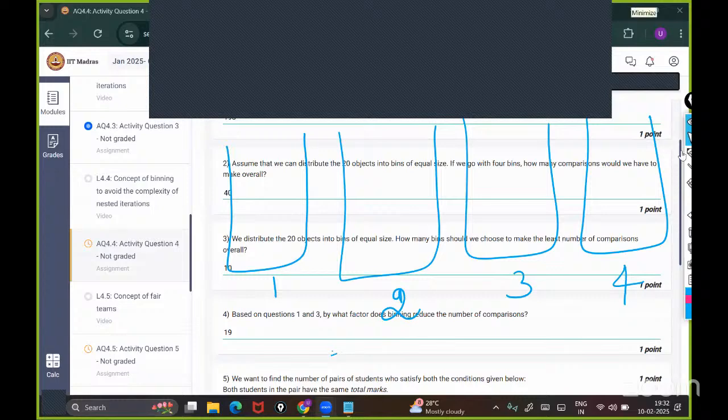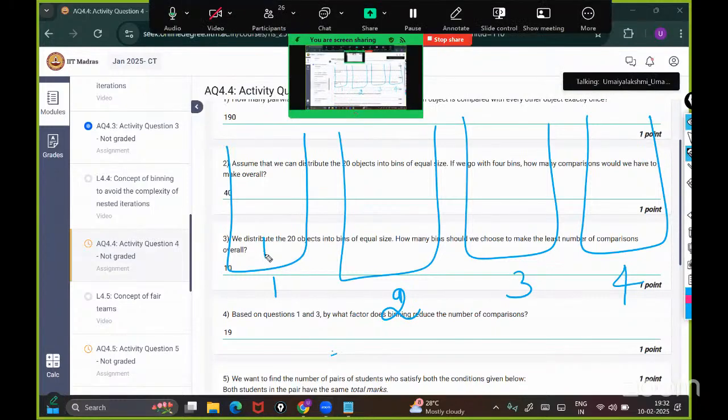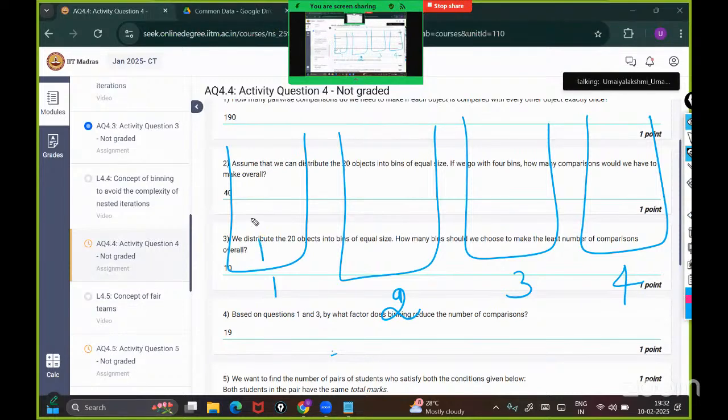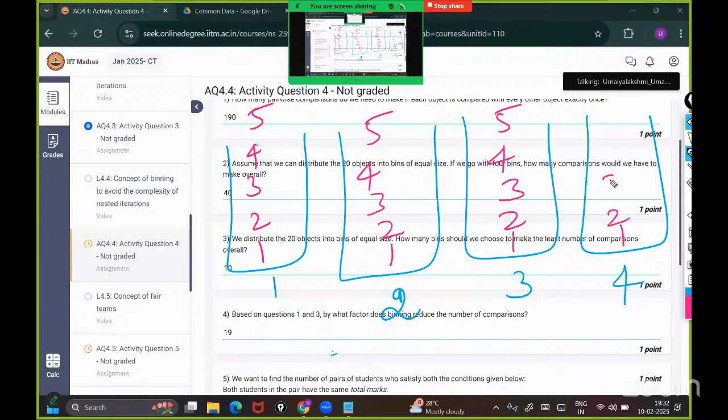Yes, exactly. Each bin will contain 5 elements. The second bin also contains 5 elements, the third bin also contains 5 elements, and the fourth bin also contains 5 elements.